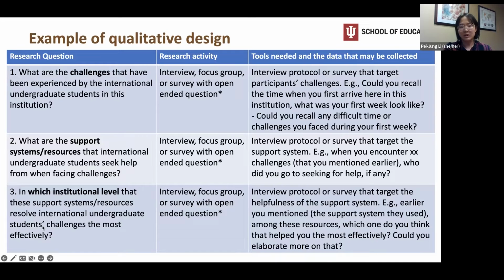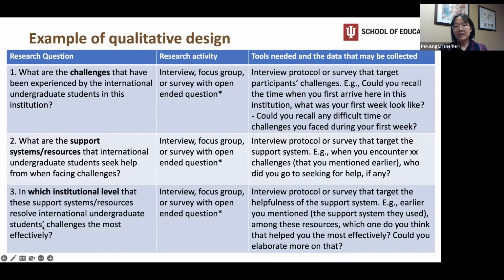Like for me, I want to explore at the institutional level, but qualitatively, I also want to know more about the reasons behind their thinking when they say, I go to CAPS and I think that's the most effective and helpful for me. Then you want to know why, instead of just saying, okay, CAPS, counseling services, that's the thing you use the most.